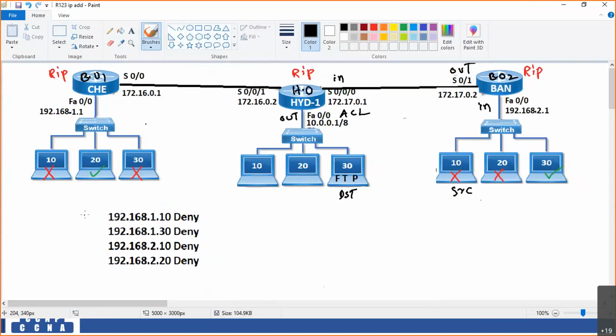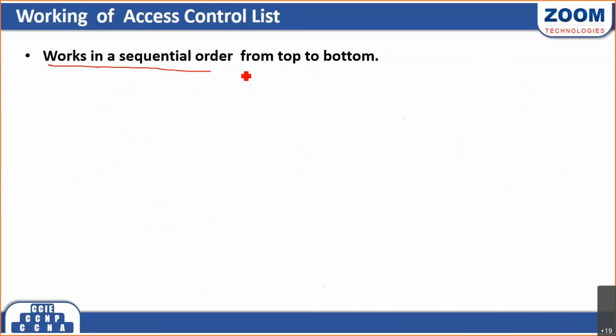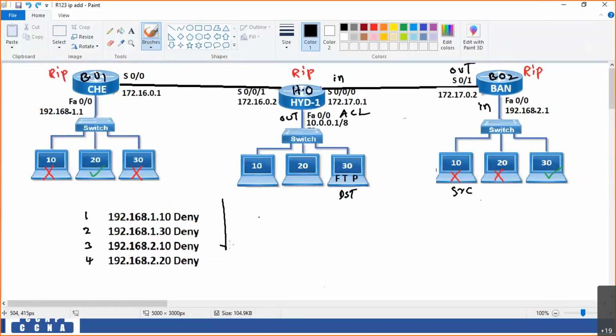We have rule number 1, rule number 2, rule number 3, rule number 4. Four rules, and all four are deny rules. It works in sequential order from top to bottom: rule number 1, 2, 3, 4.